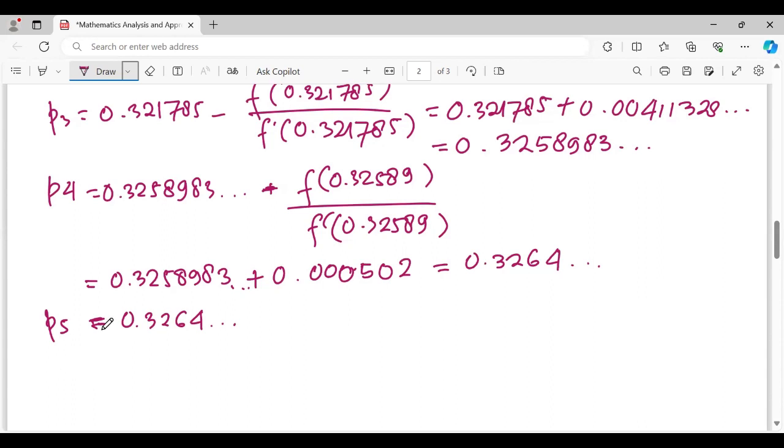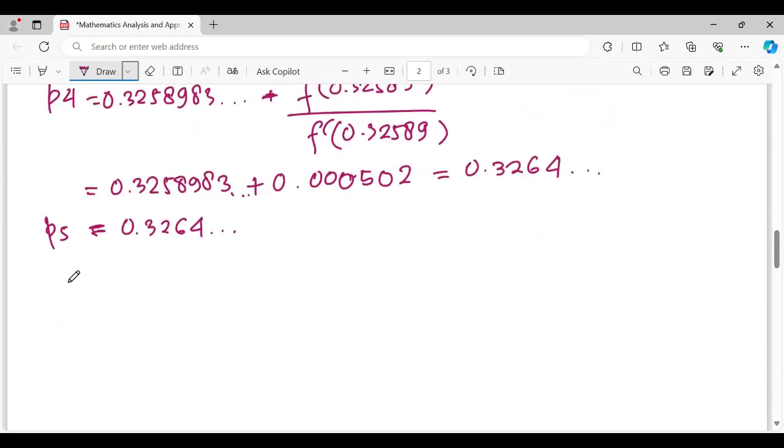So we can state that p equals 0.3264, if assuming P0 equals 0.